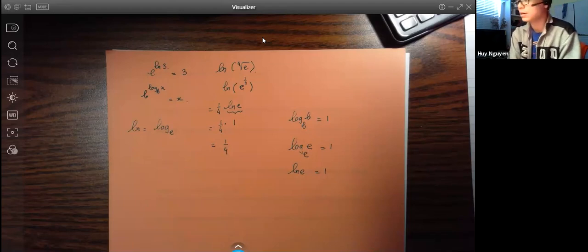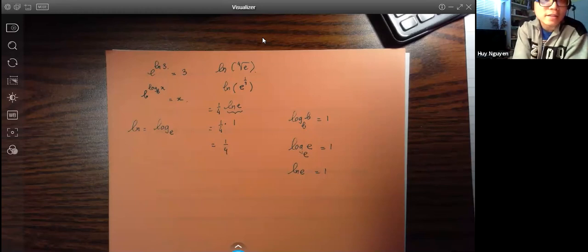So in order to master this type of question, you just need to memorize all the properties. If you don't memorize the properties, you can't do it. Can't they give you the properties? They already invented the properties for you guys.